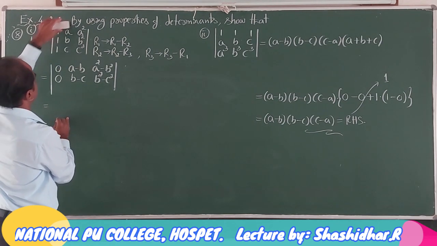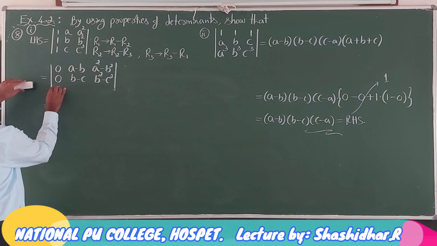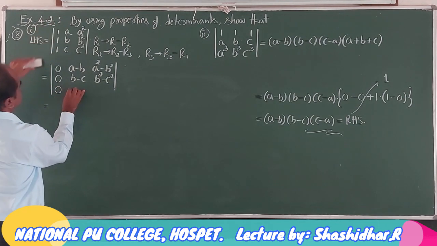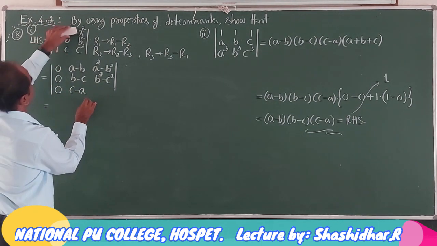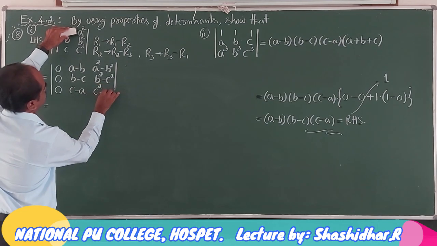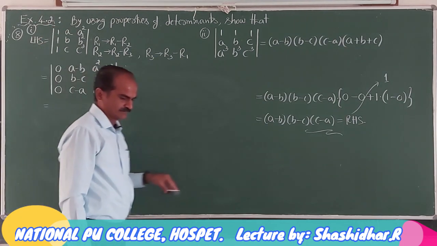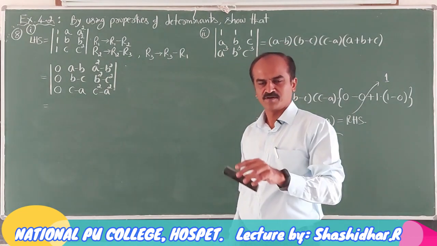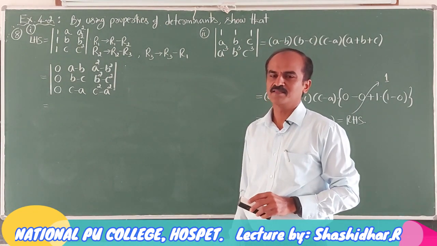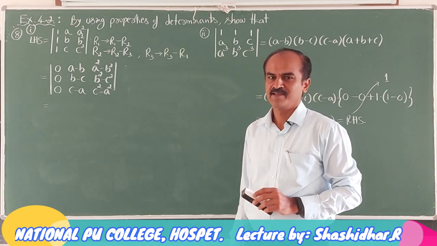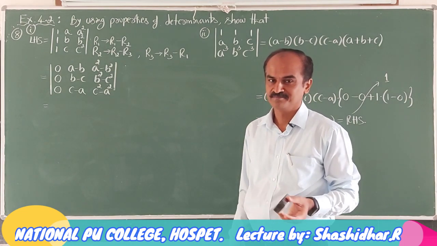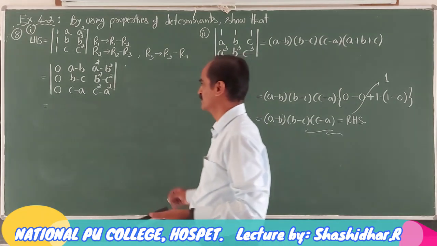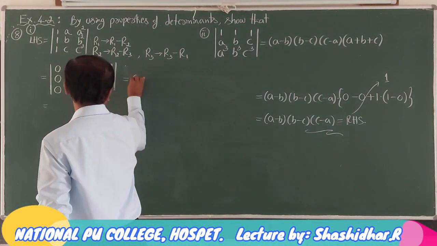R3 minus R1: 1 minus 1 is 0, then C minus A, then C square minus A square. Of course, you can take the C minus A factor common from the third row. But look at the first column elements. They are all 0. Then what happens to the value of the determinant? It will be equal to 0.